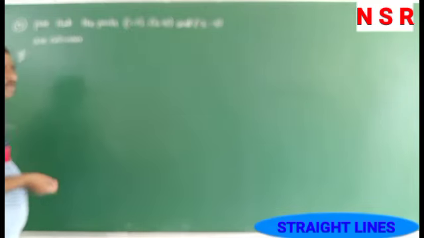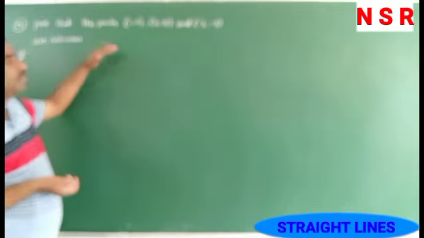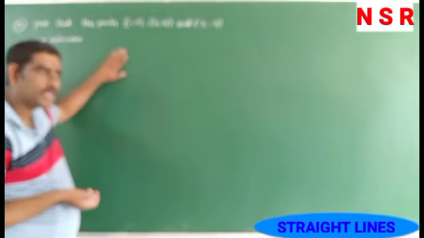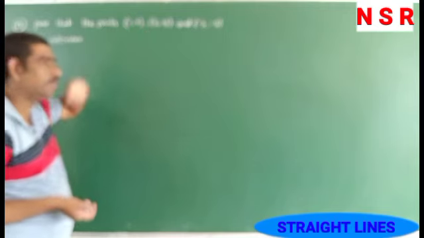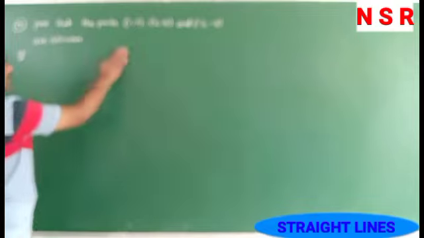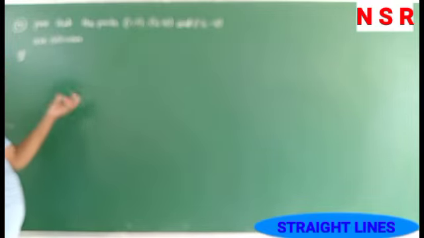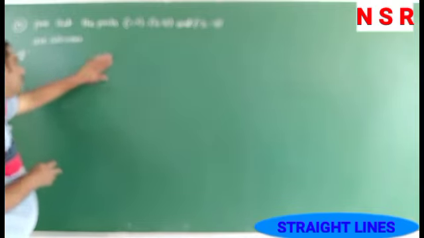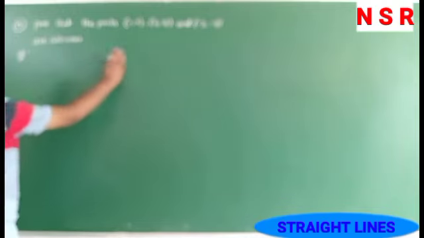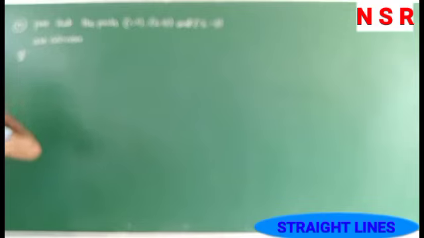Also we have two conditions: slope of AB equal to slope of AC, or the equation of AB is satisfied by the point C. Then they are called collinear points. So here apply a very simple concept, that is slope of AB equal to slope of AC. Out of these three conditions, this condition is very easy, so it is easy to find collinear points.